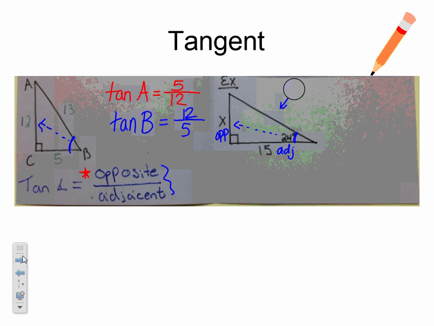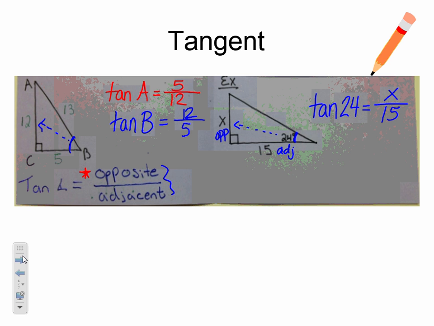So I'll go ahead and set up this tangent fraction ratio according to the setup that we have written on the left-hand side. So tangent of angle A, or angle B in this case, the angle is 24, given to us in the picture. And then opposite is x, and then adjacent is 15.